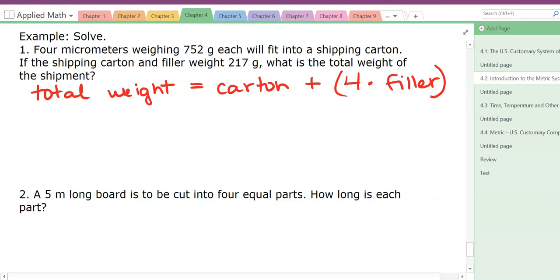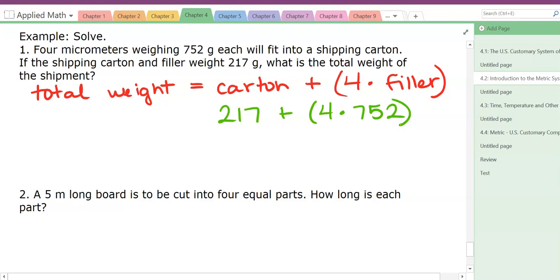So what I'm going to do is, it says that the shipping carton and the filler weigh 217 grams. So 217 for that. And then each of those micrometers weighs 752 grams. So I have to take 4 times 752. So I'm going to multiply that first.